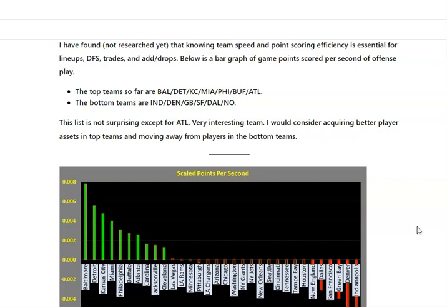Maybe some opportunities in there, maybe some concern and whatnot. I mean, if you can kind of filter through it, you might find a bargain or two here. So I just mentioned Atlanta. I thought that was interesting, a little surprising for me. So move towards the top efficient teams that are scoring points per second, and probably move away from the players in the bottom teams.